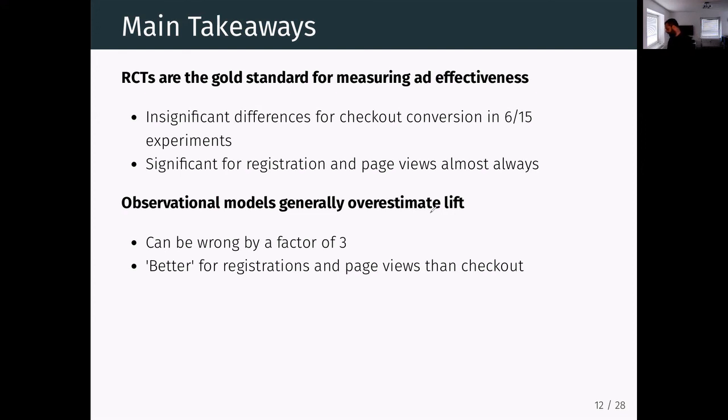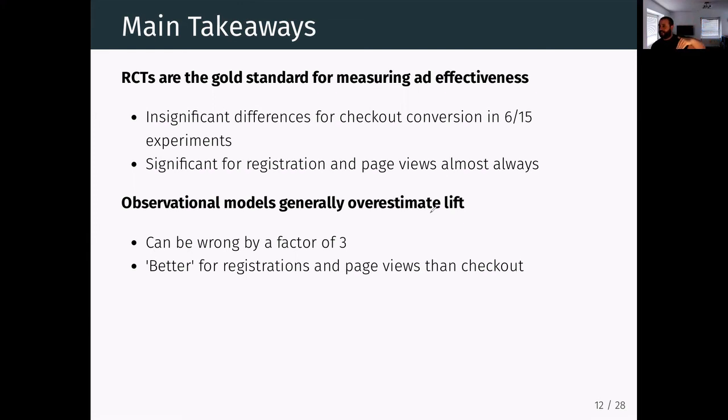The second takeaway from the paper for me, hopefully for you, is that these observational ideas, trying to capture the effect of digital ads with observational methods, it's going to be tough. You're going to overestimate the effect. You're going to overestimate that lift of your digital ad on whatever metric you care about. And you can be wrong by a factor of up to 3. And generally, you're overestimating.